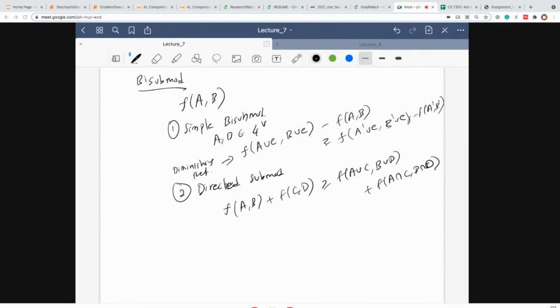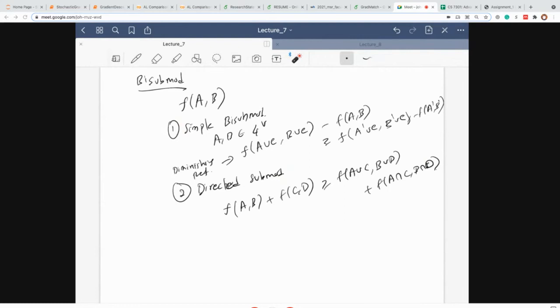Yes, exactly. There have been some extensions on simple bisubmodularity as well later on, though I think this one is slightly more interesting. If memory serves, it's no longer the case that this definition is equivalent to this definition. In the bisubmodularity world, these two are different.